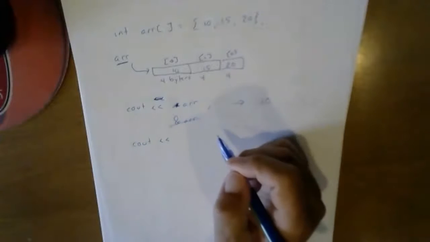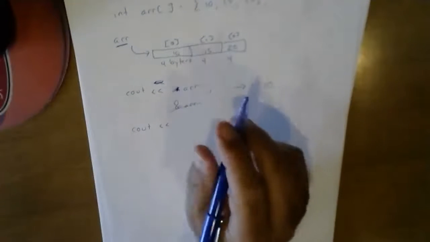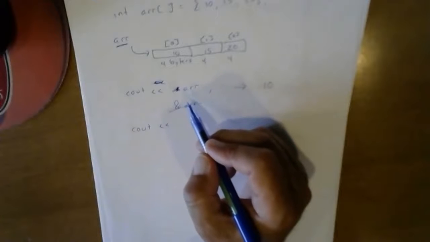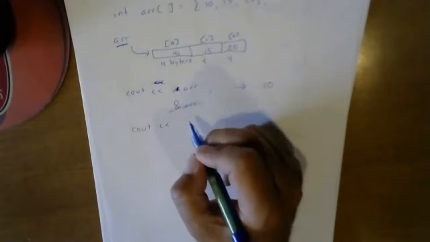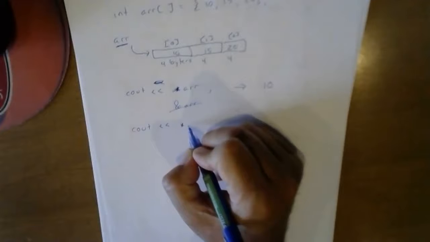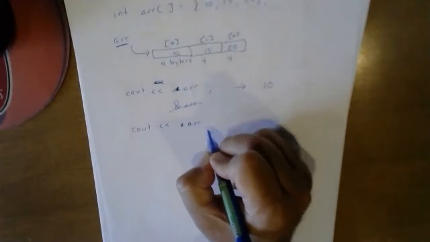Okay. Let's go back to our cout, and we have our array here. What if I did this? cout asterisk array plus 1. What would get displayed?